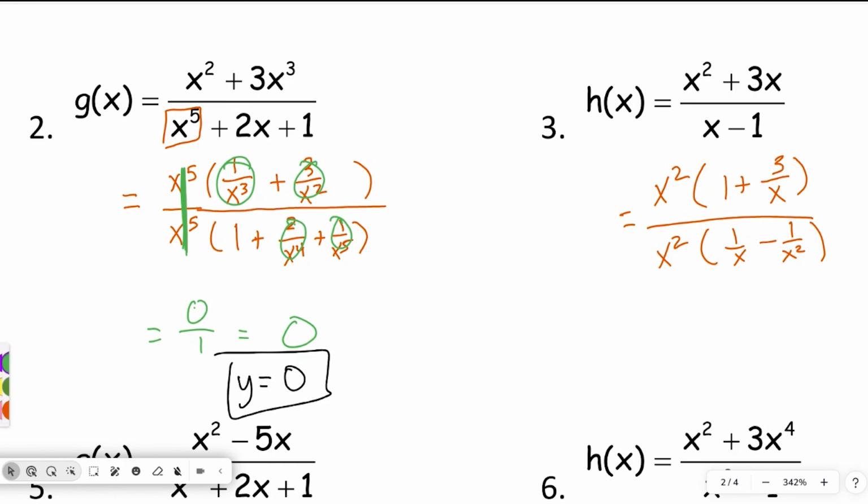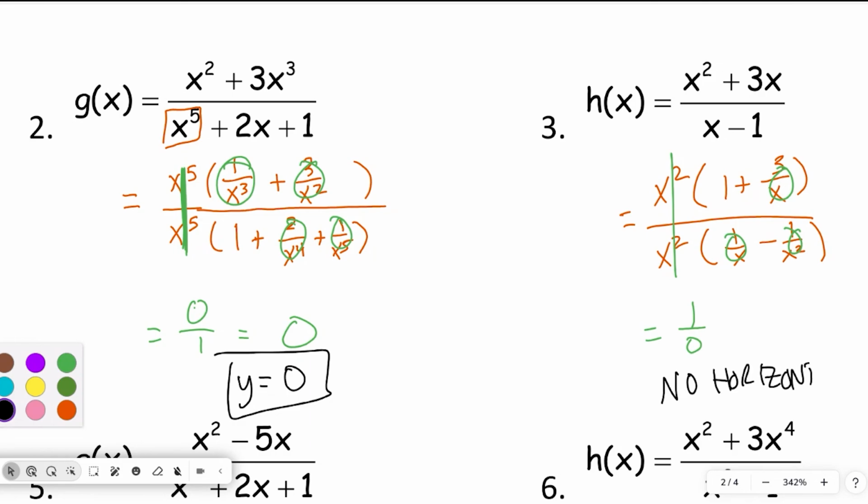So we get the x squareds to reduce to 1. All the fractions go to 0. And so we're left with 1 over 0. So what's 1 divided by 0? It's undefined, right? No, there's no answer, which is why there's no horizontal asymptote. Okay? So there's no horizontal asymptote.